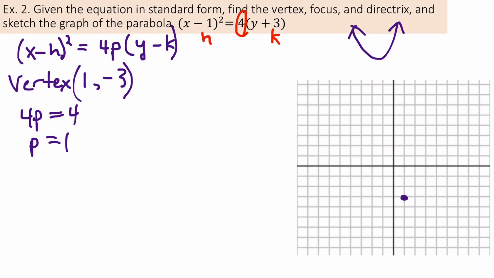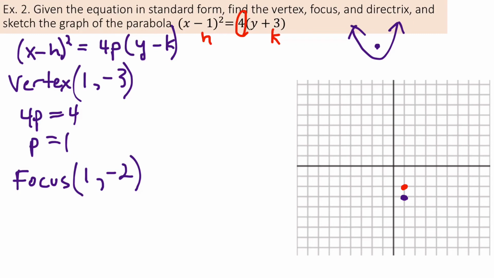So if my focus is inside the dish, that means I would draw my focus here. All right, so it's going to be up by 1. So the coordinates of my focus are going to be the coordinates of that red dot, which would be x is 1 and y is -2.